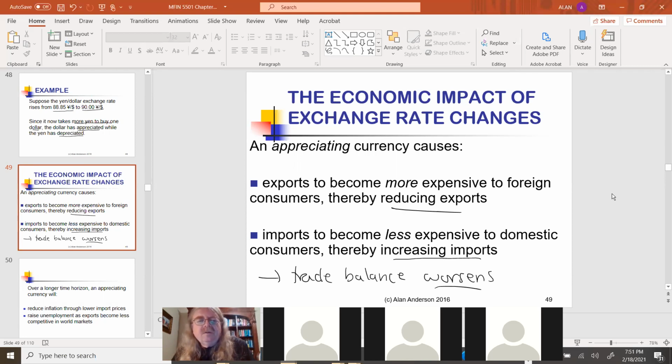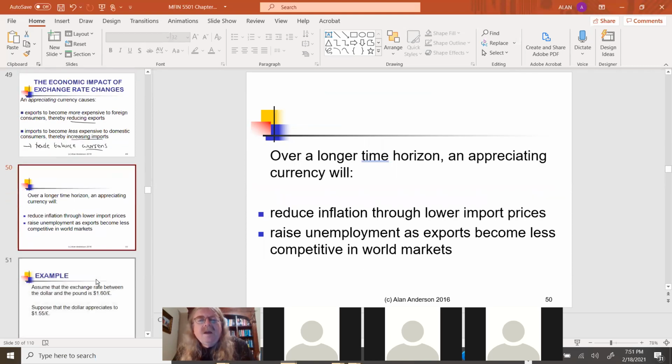Now, that happens in the short run, but in the long run, there are also other effects that we need to take into account. Such as, over the longer time horizon, an appreciating currency will reduce inflation through lower import prices, which is kind of nice, but it also may raise our unemployment rate because our exports are becoming less competitive in world markets.